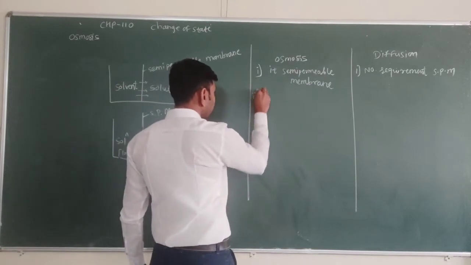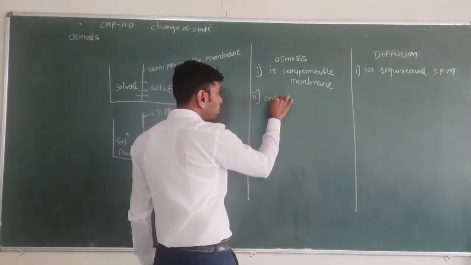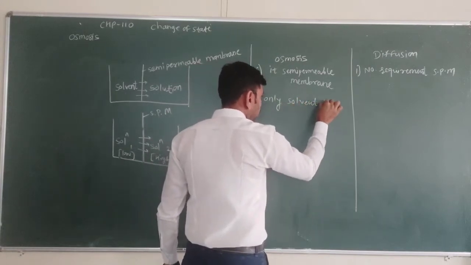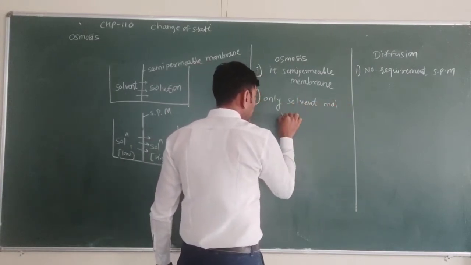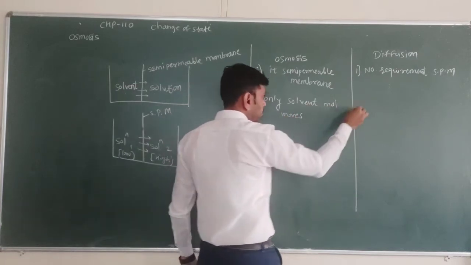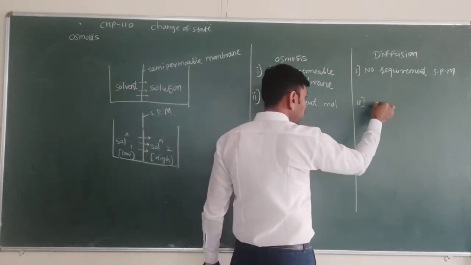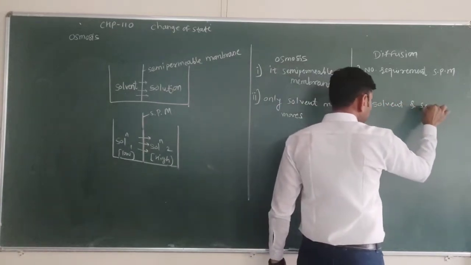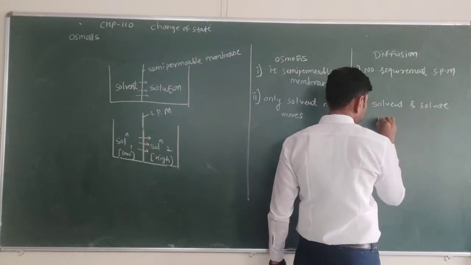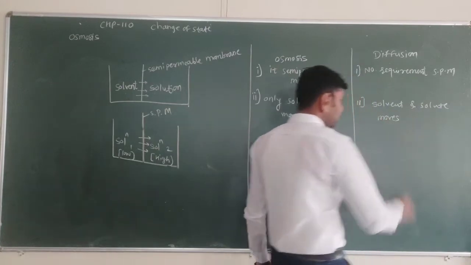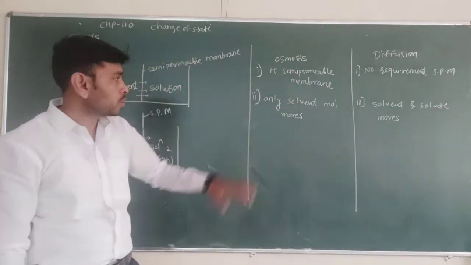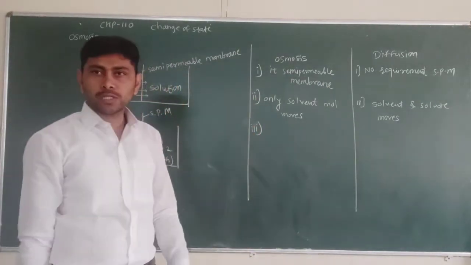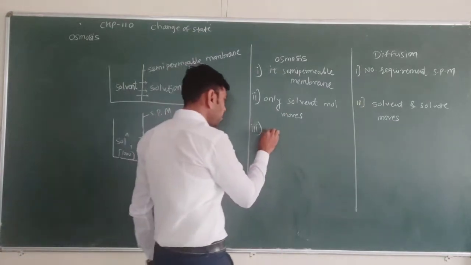Second, in osmosis only solvent molecules move. In diffusion, both solvent and solute move. Now, if we look at the osmosis process, it is limited to solutions only.